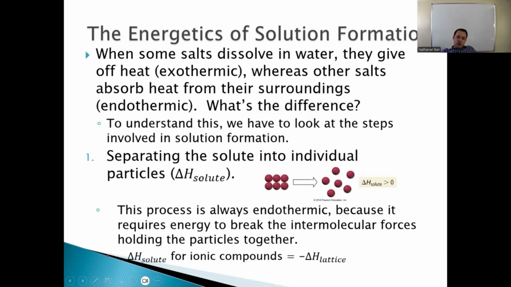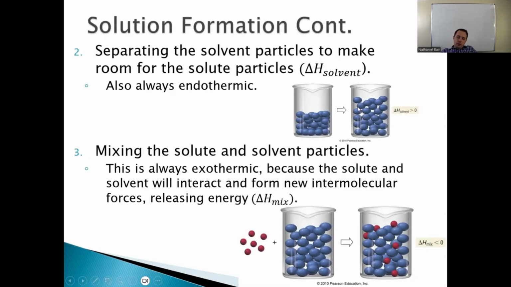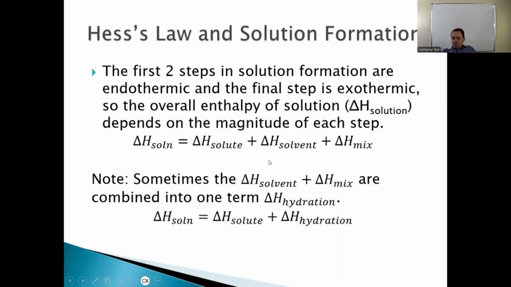We got to break the solute apart, that's called the enthalpy of the solute. We got to move some solvent particles, so we got to break a couple solvent-solvent interactions. That's going to take energy. But when the solute now fills in these holes and forms new solute-solvent interactions, that's going to be the enthalpy of mixing.